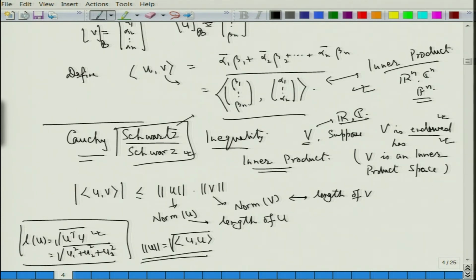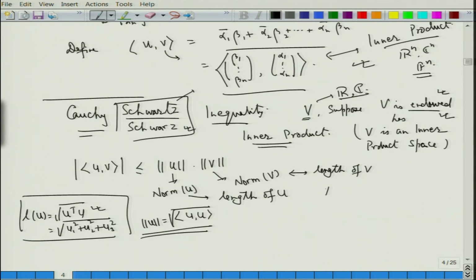For example, yesterday we had one example in R2 where I had A as [a, b; c, d]. No, it was d itself. We showed that it has to be symmetric: [a, b; b, d] in R2, and we defined our inner product of x and y as y transpose A x.